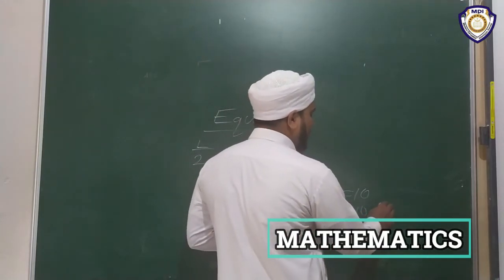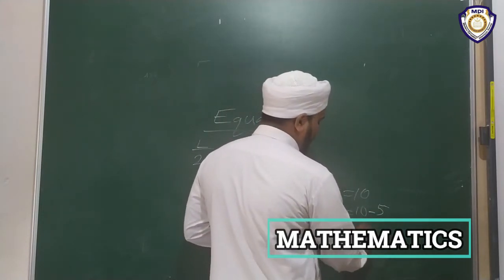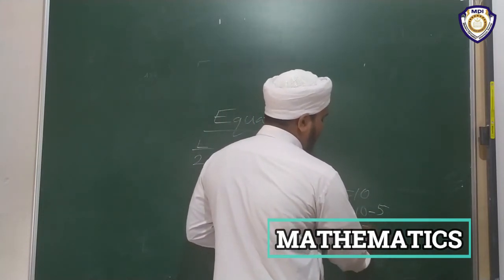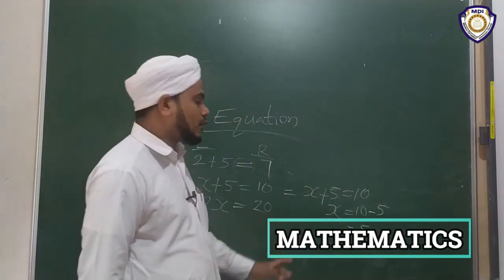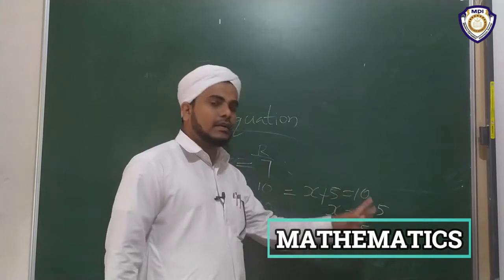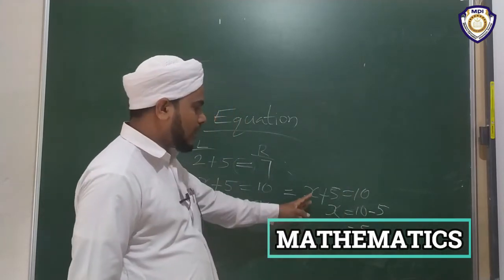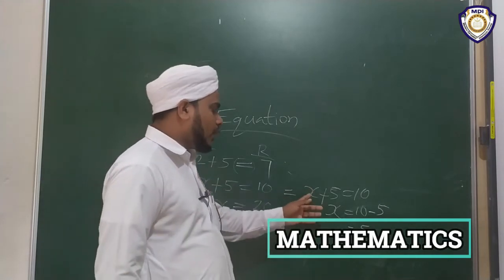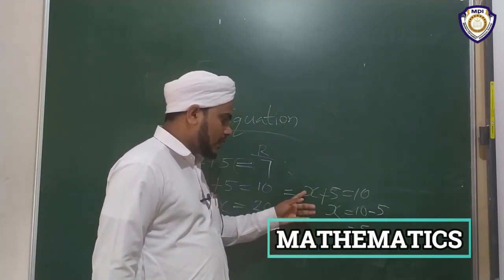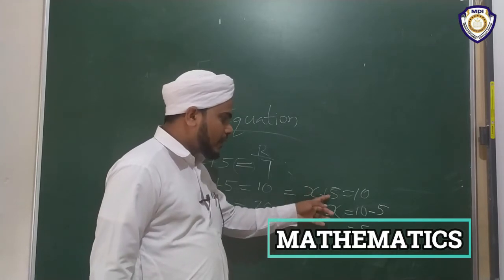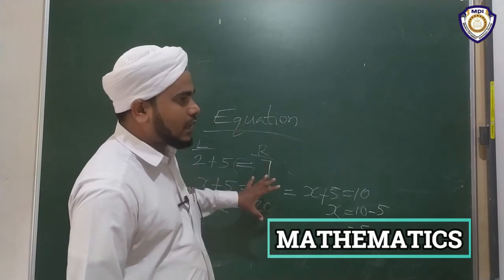Then it becomes negative, it becomes minus. Then you get the answer 5. The value of x is 5. Then 5 plus 5 is 10. If you give the value 5 to x, then 5 plus 5 is 10. This is the equation.